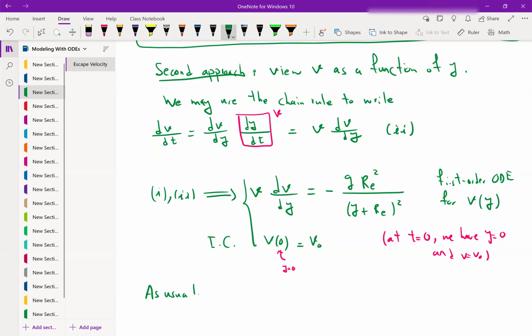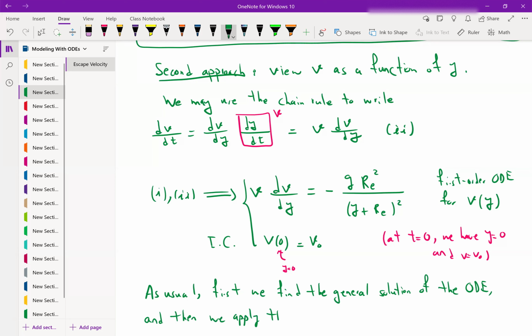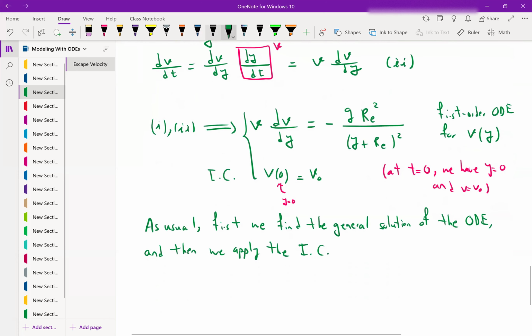As usual, first we find the general solution of the ODE, in the sense that we ignore the initial condition, and then we apply the initial condition to determine the arbitrary constant that appears in our general solution. So let's do the general solution. Let me change the color. General solution.